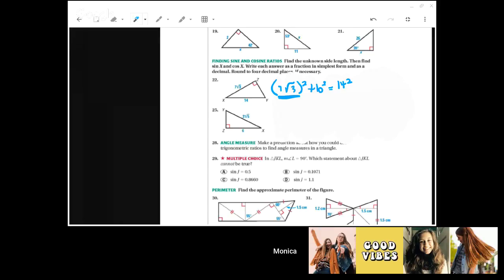Okay, so to solve for that, you're going to end up with 14 squared minus 7 square root of 3 squared, okay? And then when you take the square root of that, tell me what you get.